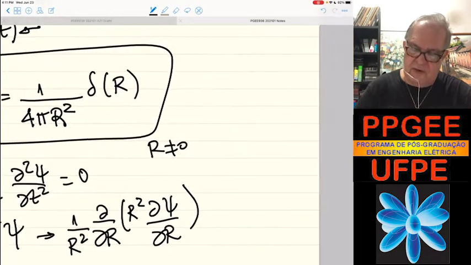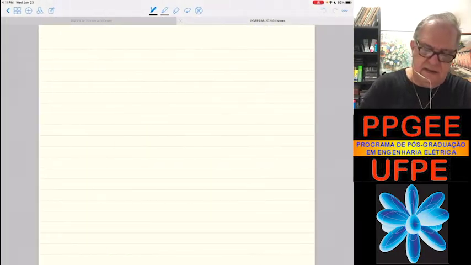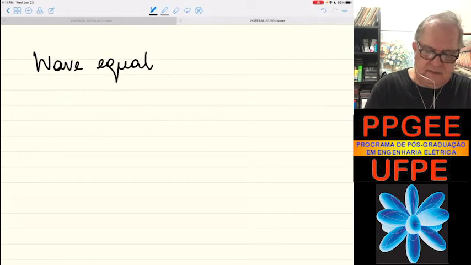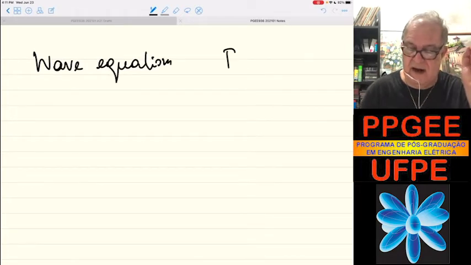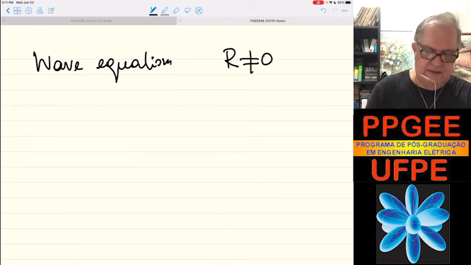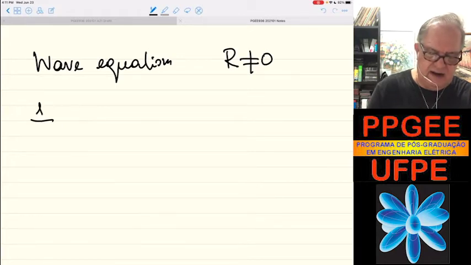So the differential equation, the wave equation, non-homogeneous, but for r different than 0, outside of the origin, must be, in fact, 1 over r second derivative.